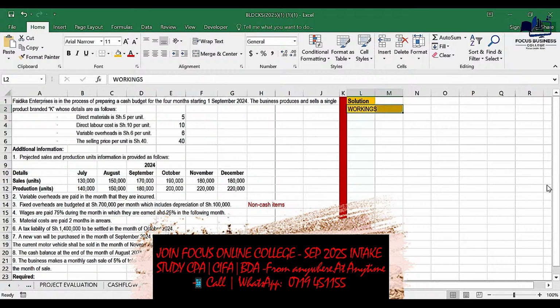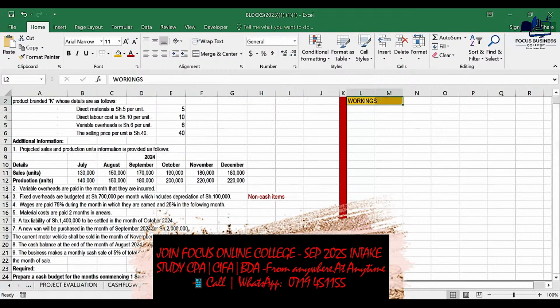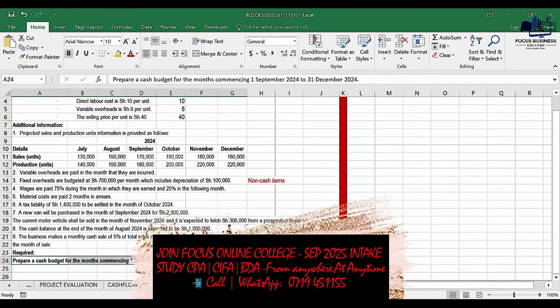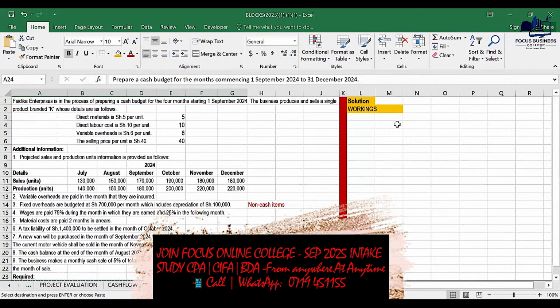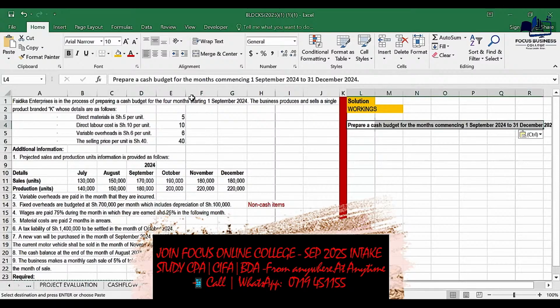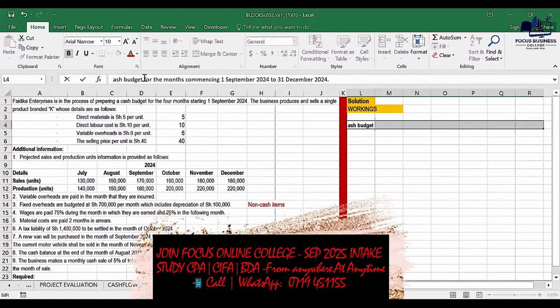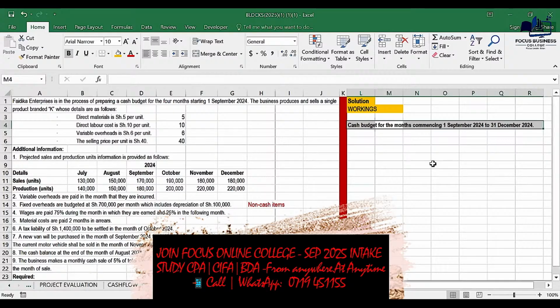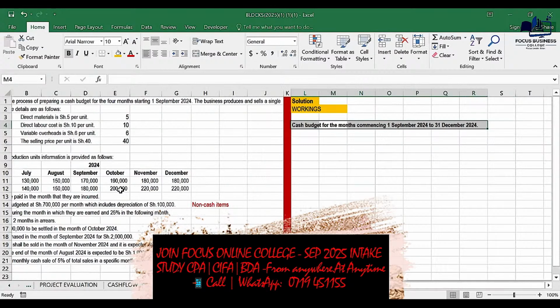First of all, let's come up with the format of our cash budget. I can basically borrow this one here. I copy. So we require to prepare the cash budget for the month of September all the way to December.